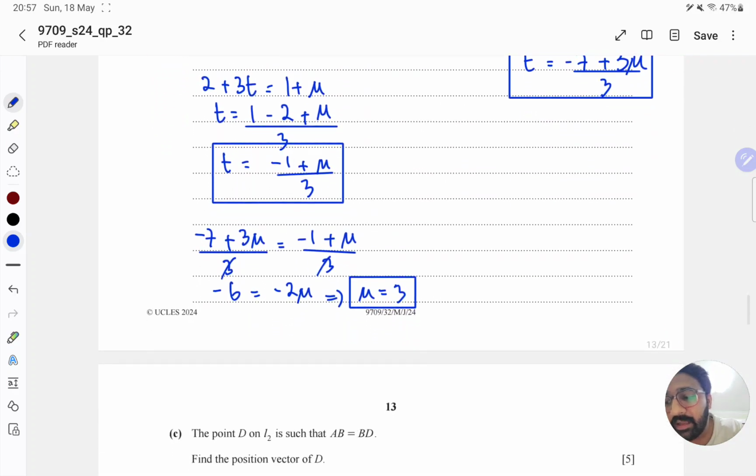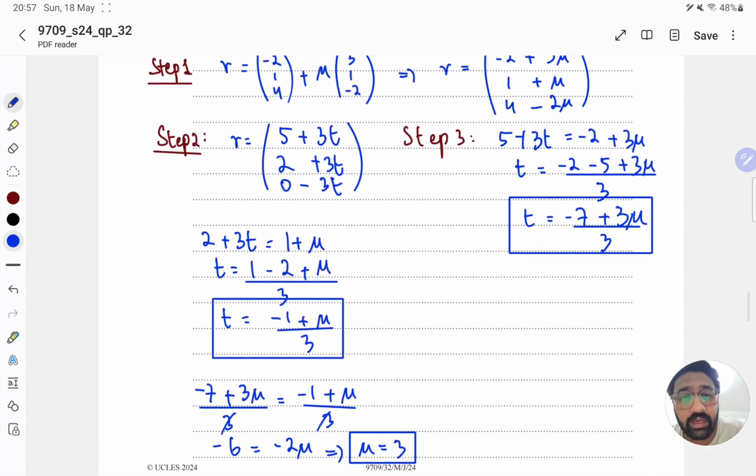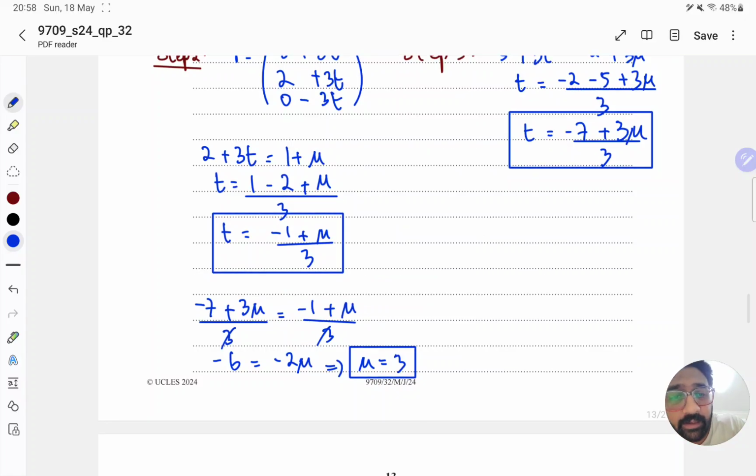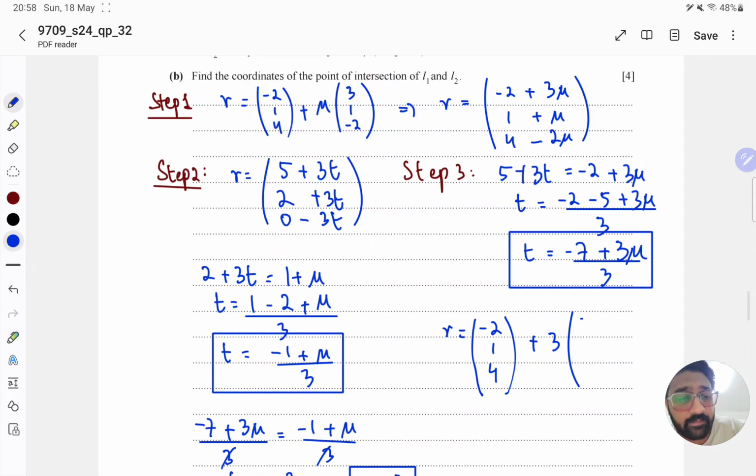The last step I'll perform: I know that r is equal to (-2, 1, 4) plus mu, and I know the value of mu, which is 3 now, times the direction vector (3, 1, -2).